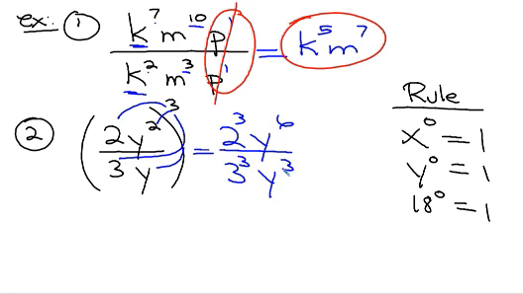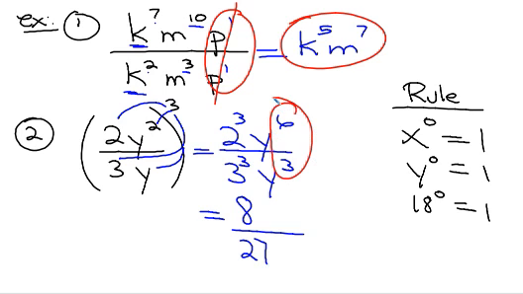Well, we can clean that up a little bit. 2 to the third is 8. 3 to the third is 27. And then I need to subtract these. 6 minus 3 is 3, so I have a y to the third. Now where should I put it? On top.